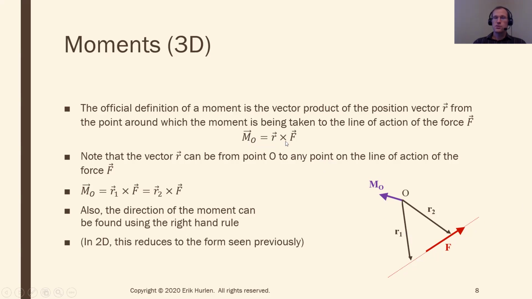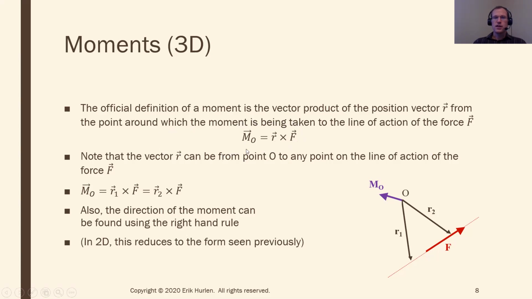That position vector crossed with the force itself gives me the actual moment. And remember, cross product is very dependent on the order. So make sure you do r cross F instead of F cross r. I have the habit of when I do 2D, I do F times d or F times r. But when you do the cross product, make sure you do the opposite order. Make sure it's r cross F. Otherwise, you'll have the complete opposite moment you want. It'll be completely backwards.